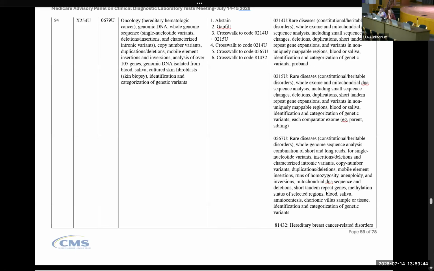Could you repeat it again? 0218U, 88233 and 81441. Okay, thank you. Dr. Landsberg, what I think we should do is put this code toward the end, and we could do a revote, or vote at the end.